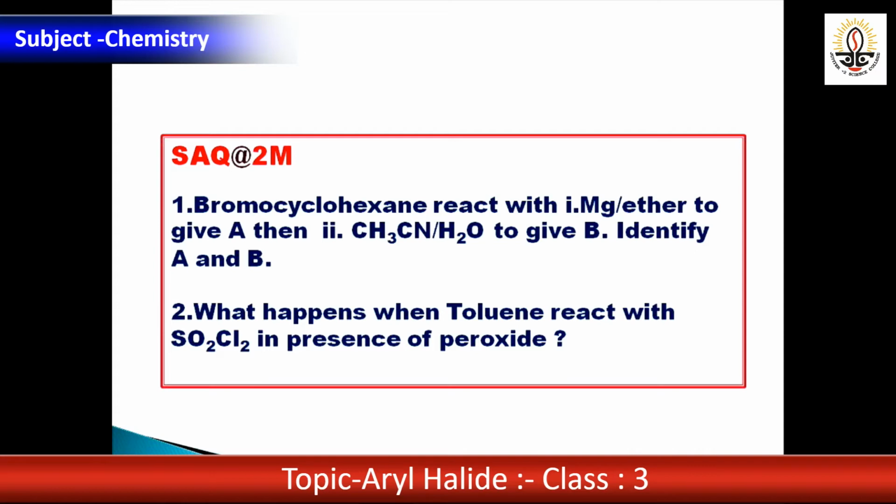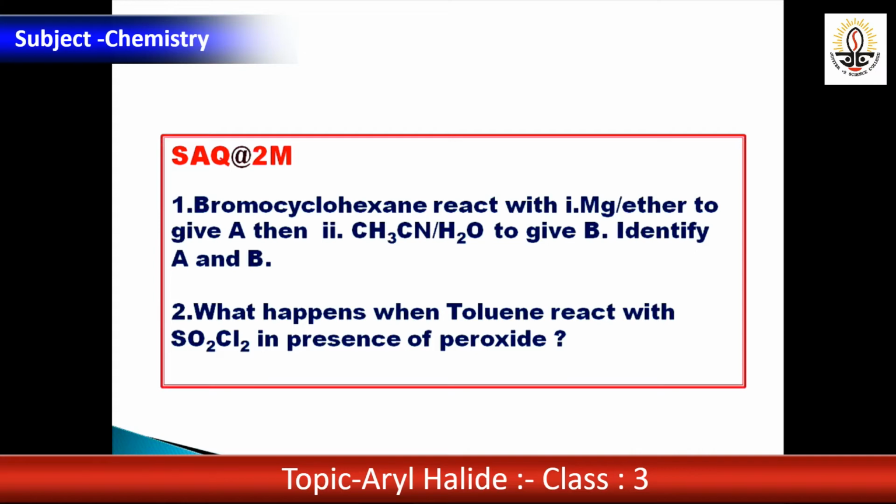Bromocyclohexane plus magnesium gives A, which means a Grignard reagent is formed, and that Grignard reagent reacts with methyl cyanide followed by hydrolysis to give B. Identify A and B.